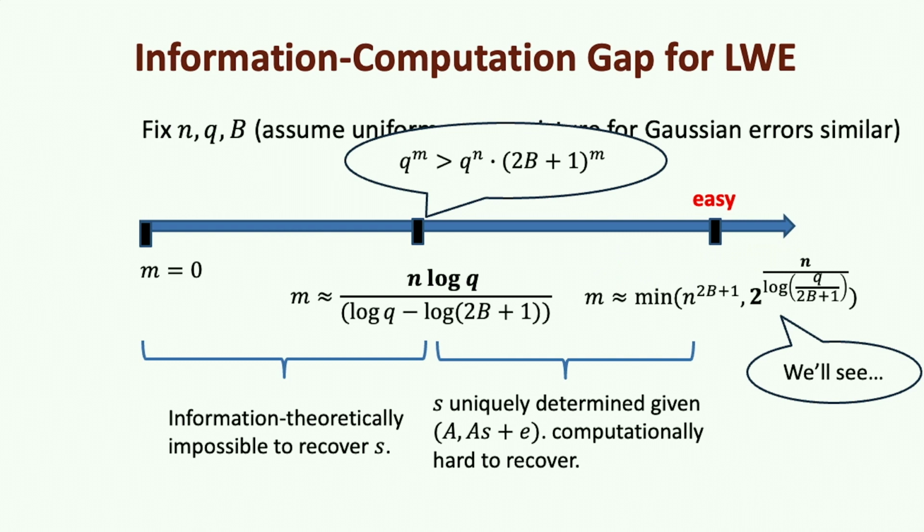So don't worry about what those numbers are. They look nuts, but we'll see. But this number should be clear. This is just counting, counting if I have enough equations in the presence of error and so forth. Is that clear? Let me stop here and see if there are any questions.